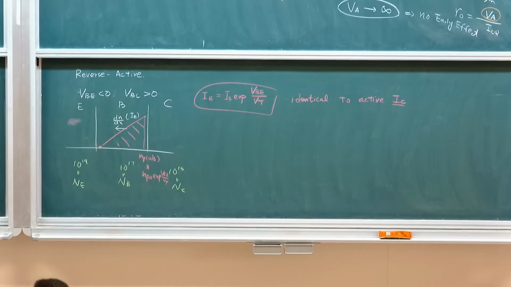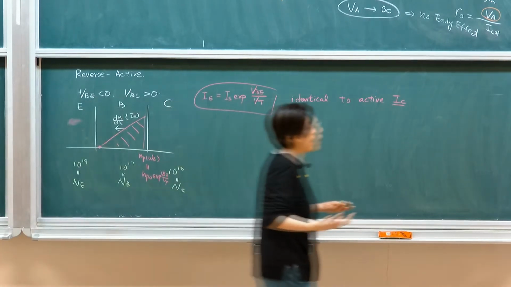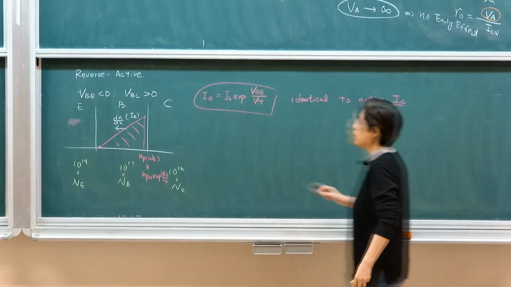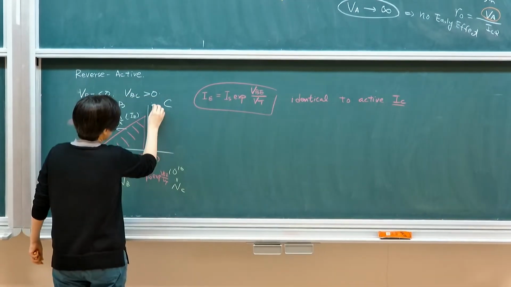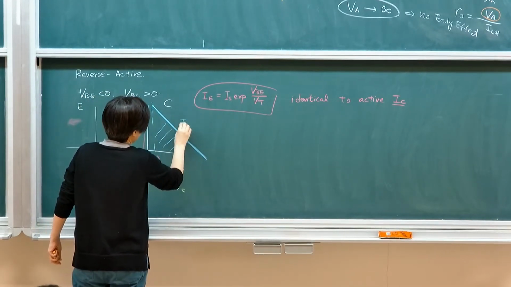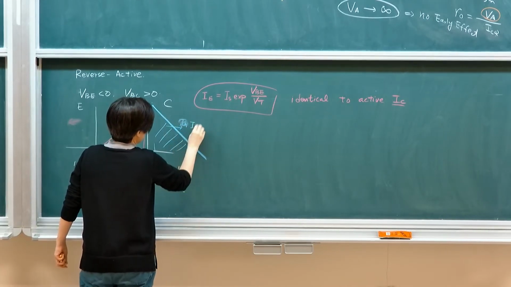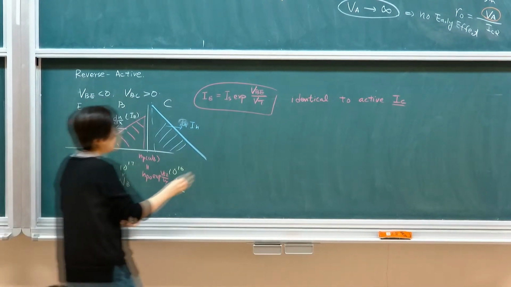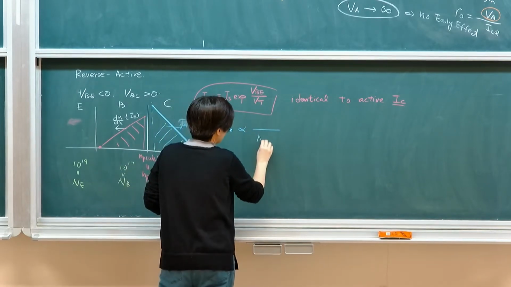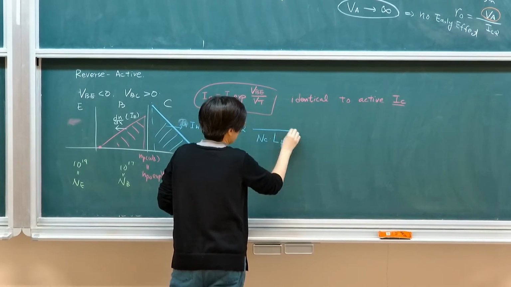But the only difference is, what is the cost? The cost of biasing this junction is that I need to supply a lot more hole current. So you expect that you would then have this hole density, and this would create a hole current. Where does this hole current come out? This hole current will depend on inverse LP.